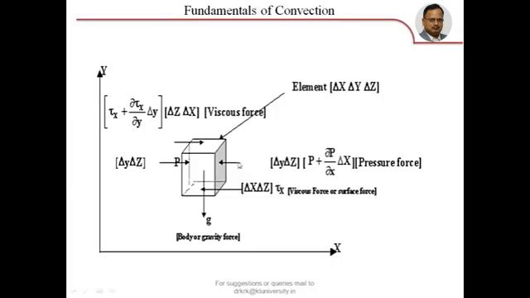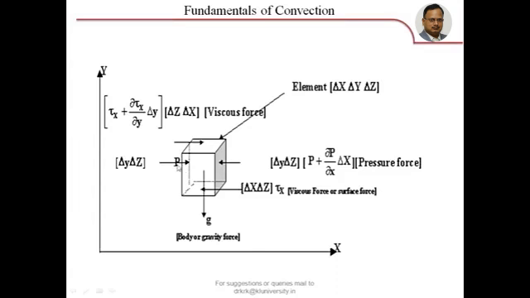Coming to the pressure force, on any fluid element, the pressure always acts on the element and it goes into the element only. So when a fluid element is surrounded by other particles, all these fluid particles exert pressure force on the element surface towards it. Therefore, pressure in x direction and pressure at x plus dx both act on the element.